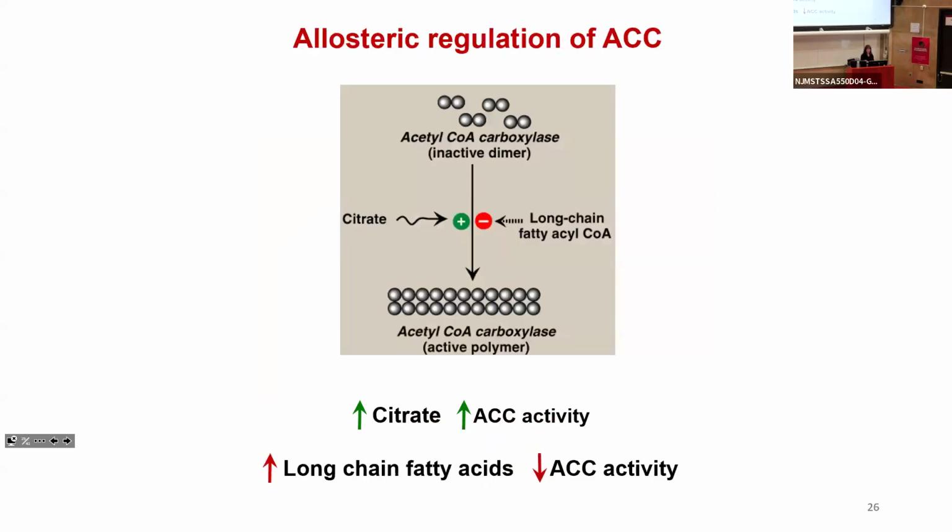So here's the allosteric part. When acetyl-CoA carboxylase, it's a protein, it's an enzyme, gets synthesized in the cell, it forms these dimers, these two balls, a homodimer, and it's inactive.